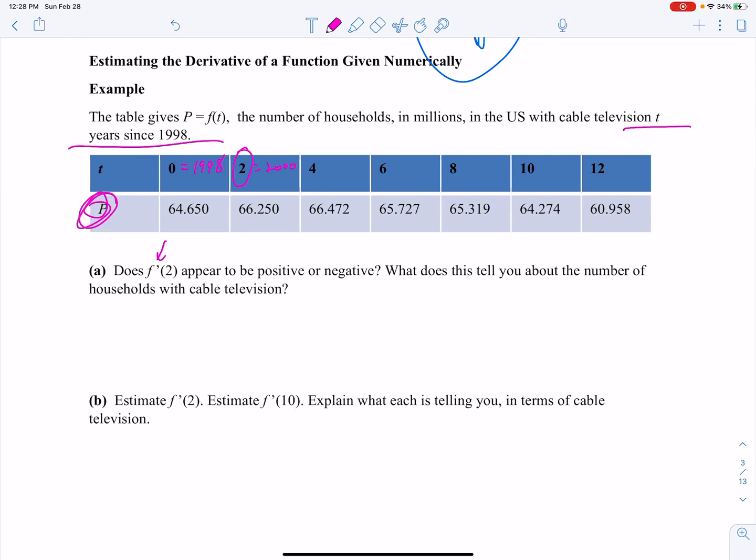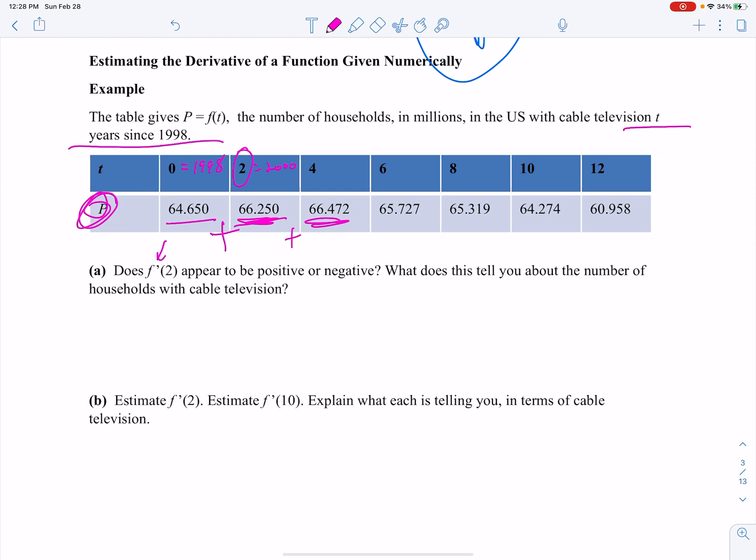So look at the numbers, the y values here, the P in this case, 64 to 66. That went up, didn't it? So there's definitely a positive slope between t equals 0 and 2. What about this one to this one? Well, it's not much of an increase, but it is an increase.